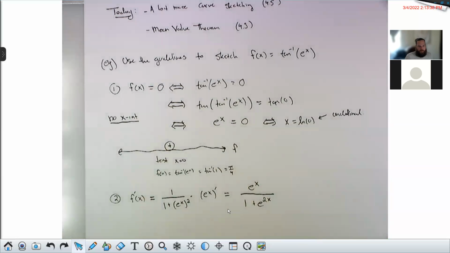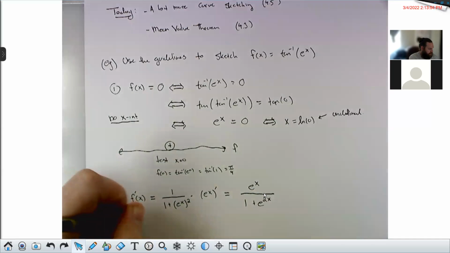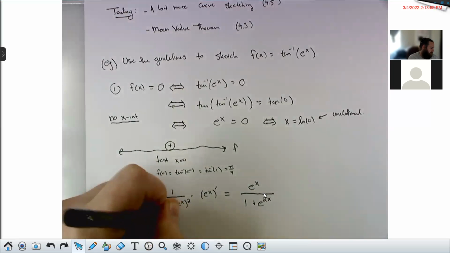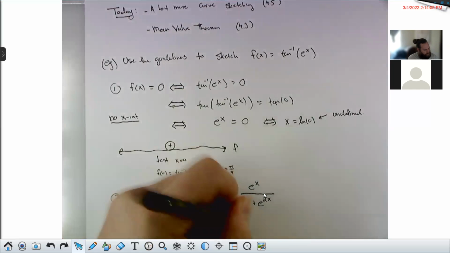And we want to ask, where is this capable of changing sign? So where is this 0? Where is it undefined? Well, this is never going to be 0, right? Because the top is never 0. You can say f prime of x equals 0 if and only if e to the x over 1 plus e to the 2x equals 0.